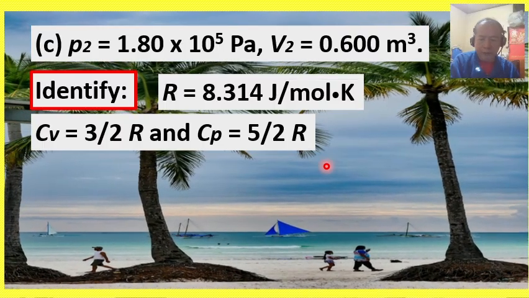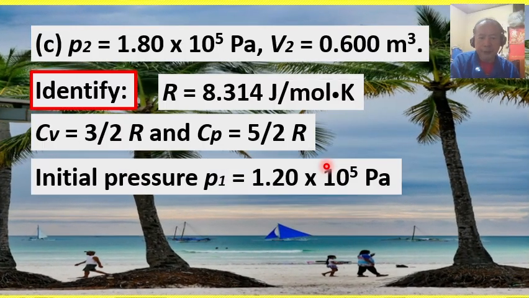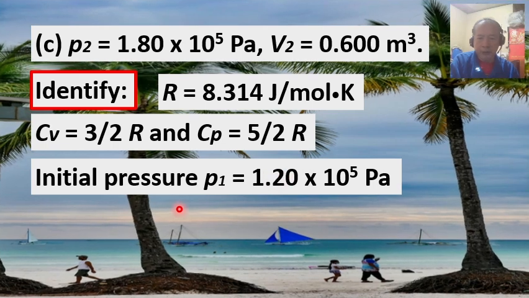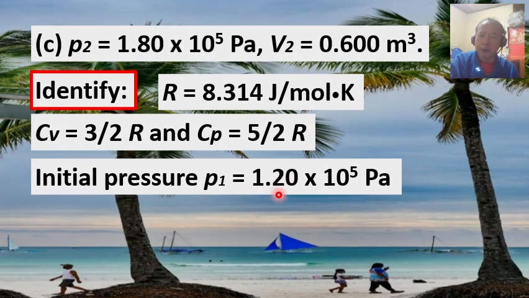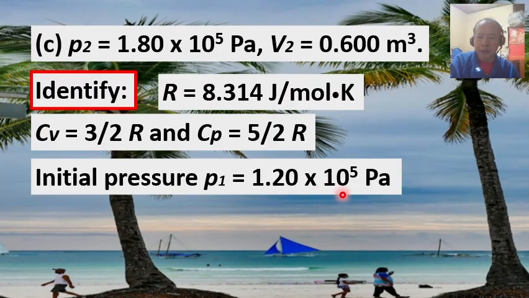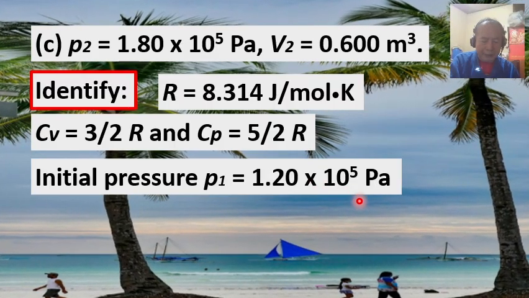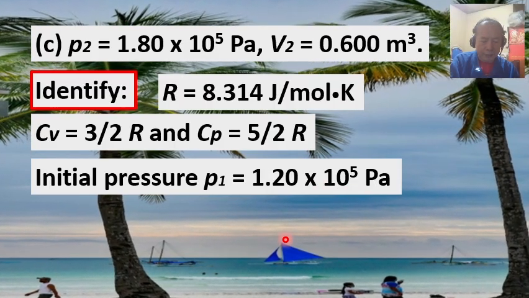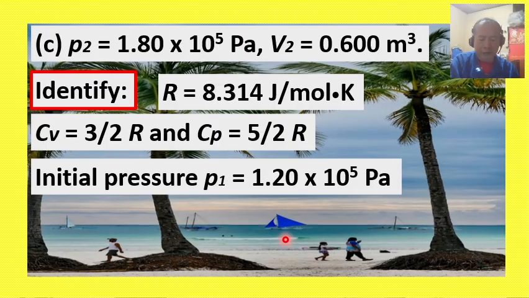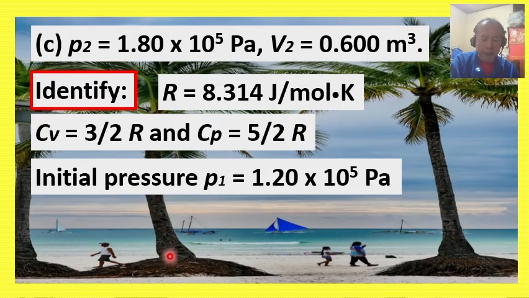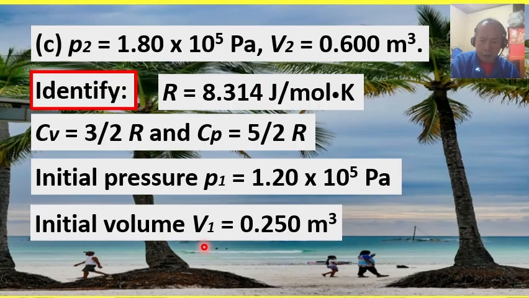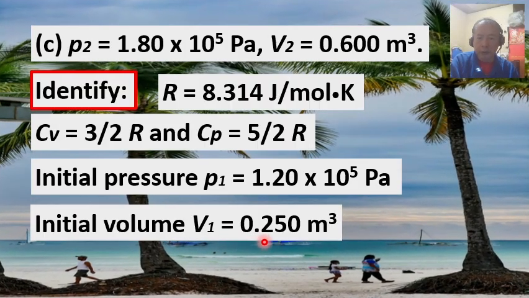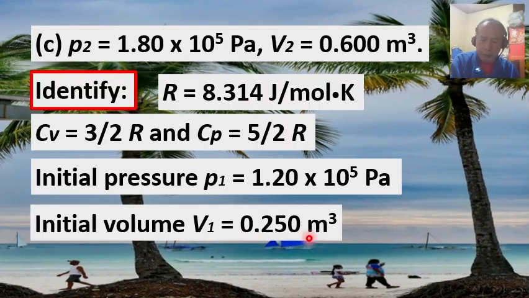Also, we are given the initial pressure P1 equal to 1.20 times 10 to the fifth power Pascal, and the gas occupies an initial volume V1 equal to 0.250 cubic meters.